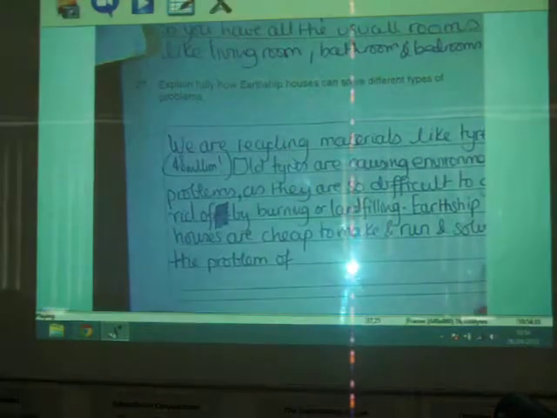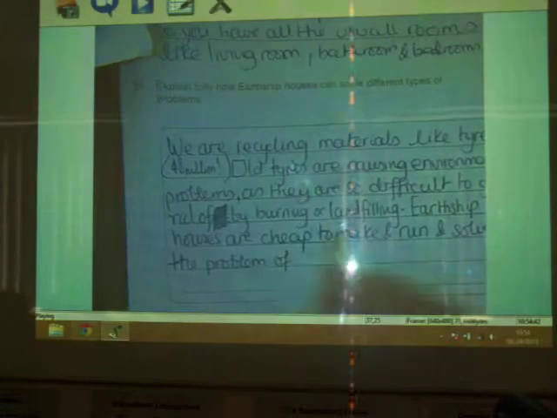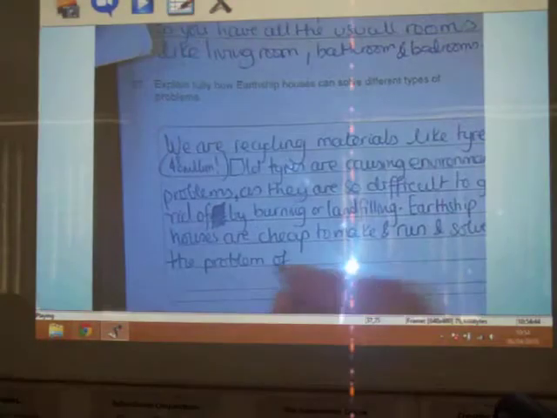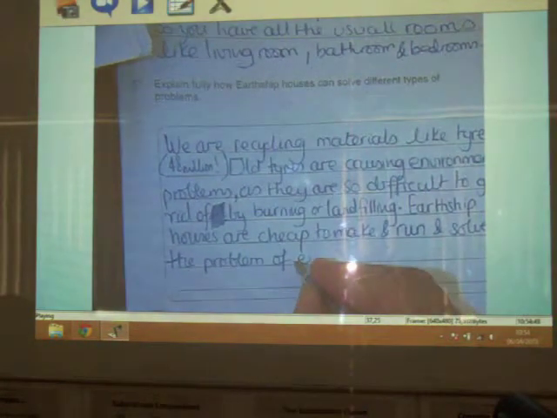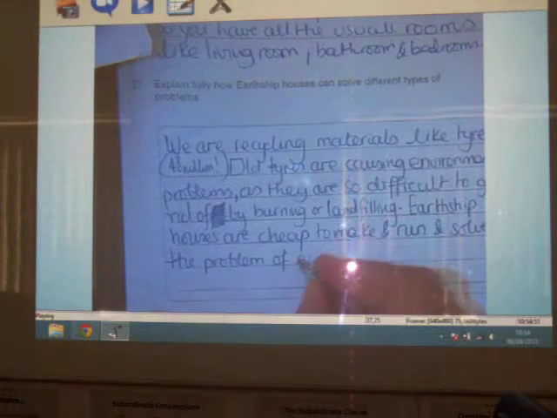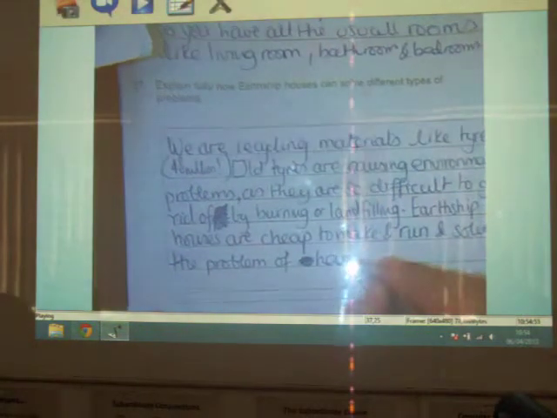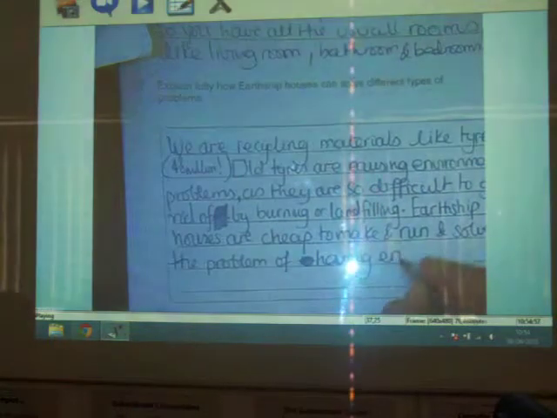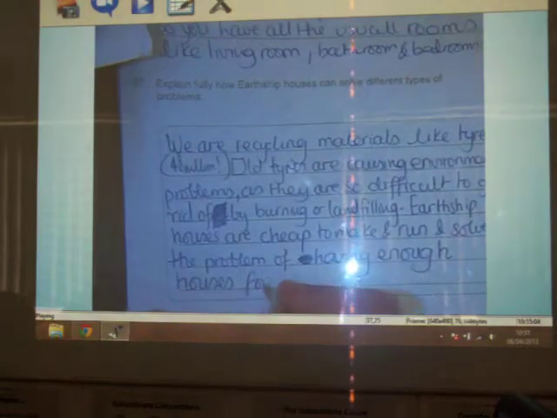What's the problem? No, that's global warming. So you're making lots of houses because people haven't got homes to live in. Yeah? The problem of having enough housing. Houses for people to live in.